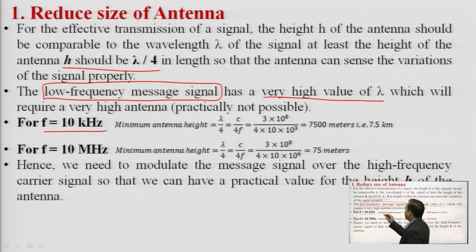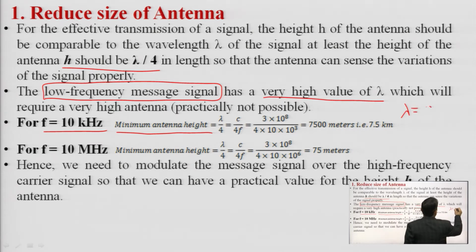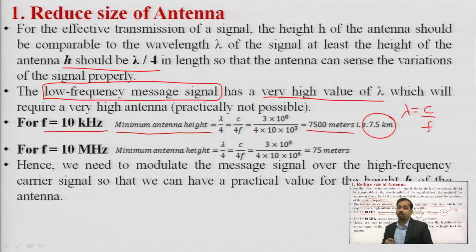The minimum height of antenna is lambda by 4, and we are aware that lambda equals c by f. If we put the values here, the height of antenna comes around 7500 meters, which is 7.5 kilometers. This much height is required for the antenna, which is very high.